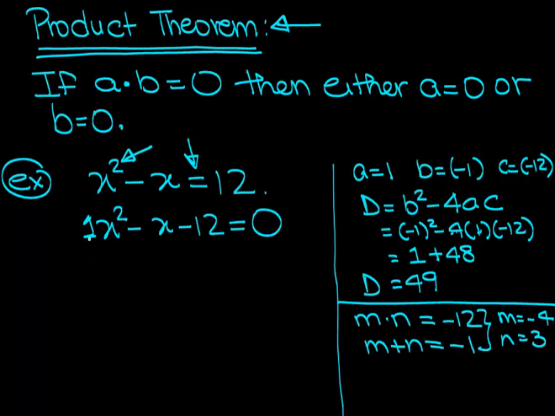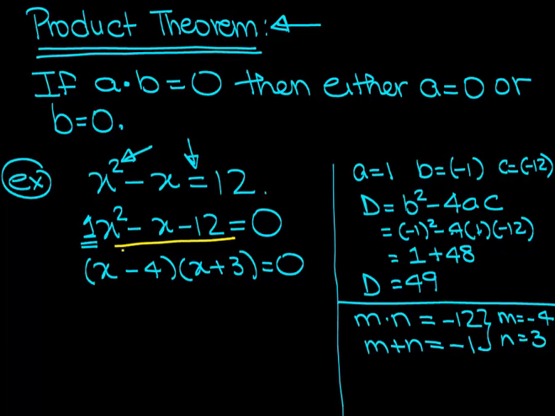So now that I found the two numbers, since the leading coefficient is 1, I can just break it down into (x minus 4)(x plus 3) is equal to 0. So now we can see we factored this. As soon as we factor this, we've written this as a product. Now that this product is 0, according to the product theorem, if the product is 0, then what can we say? Either a is 0 or b is 0. So in this case, what does this tell us?